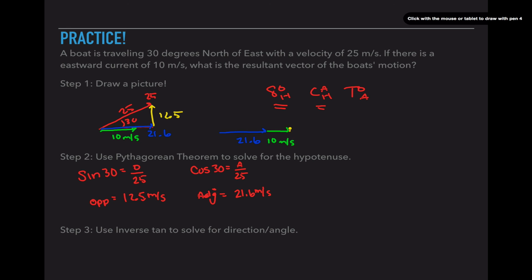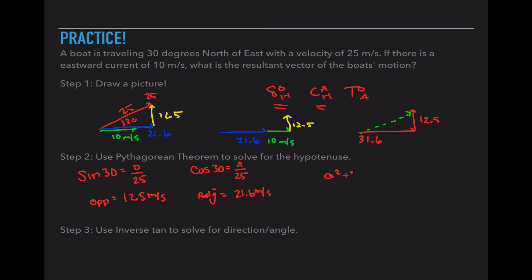And then we have a yellow arrow going up that is 12.5. So now I want to solve for this leg of the triangle by adding them together, and then I can do Pythag. So 21.6 and 10 in the same direction, that is the same as 31.6 in this direction, and then 12.5 going up, we want to solve for this line.